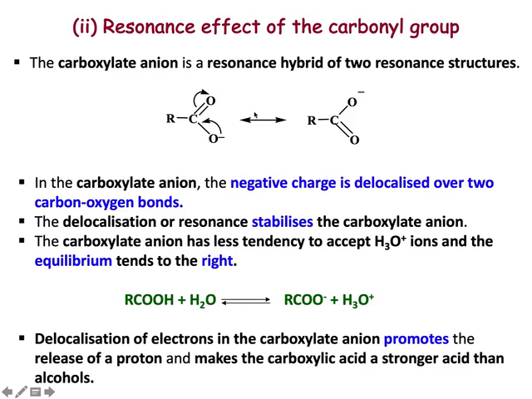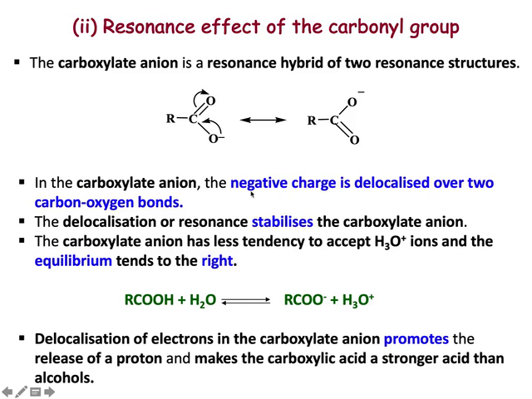This one is a resonance hybrid of two resonance structures for carboxylic acid. The O minus electron will move to this one and move to another O, which is attached to the C. So this is resonance. The two structures are actually the same.